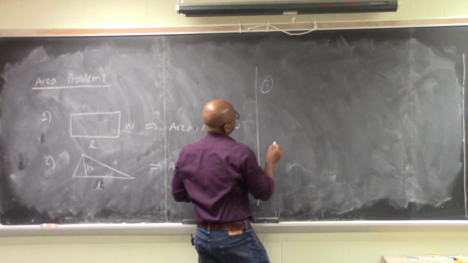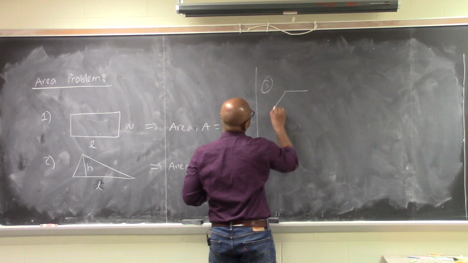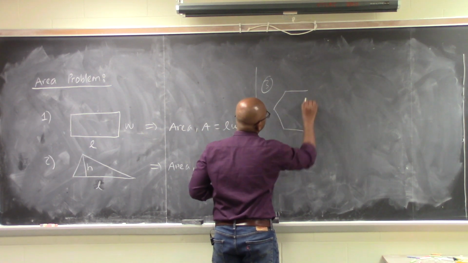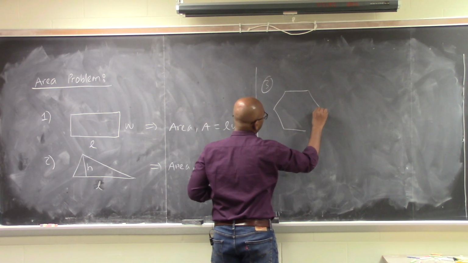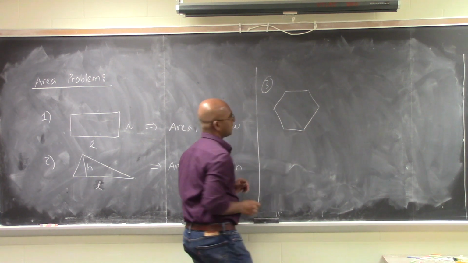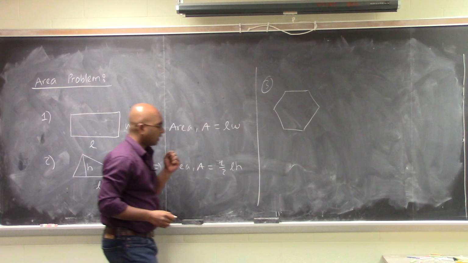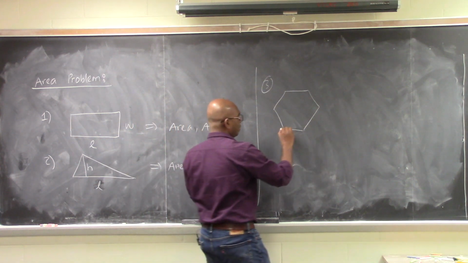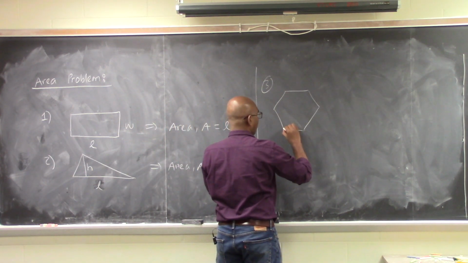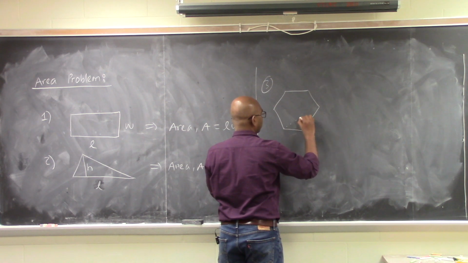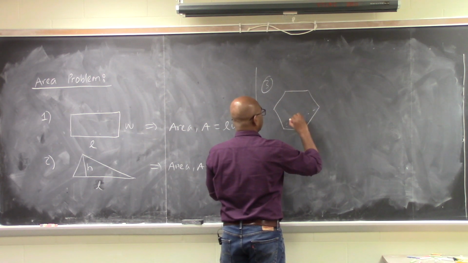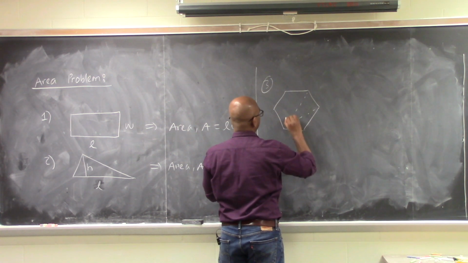And then the third region is this, something like a polygon. So like this. And if you want to figure out the area of this kind of region, then the idea is this: we will draw some chords. Okay, so let's say this one, and that one, and one more.